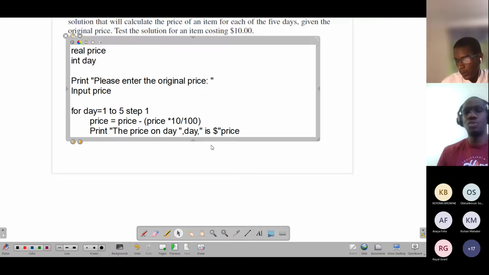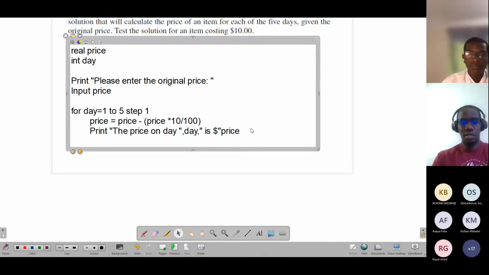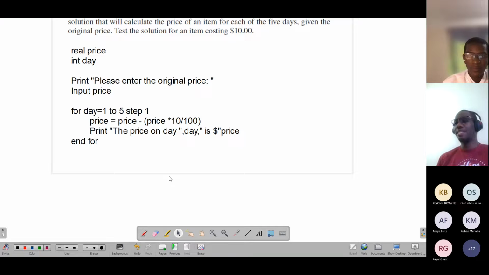The price on day 2 is whatever the price was worked out to be. And this is where we end the for loop. And this is the entire solution.